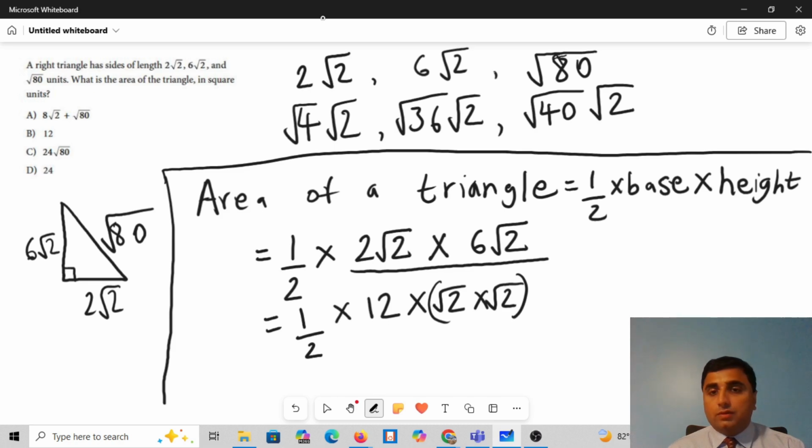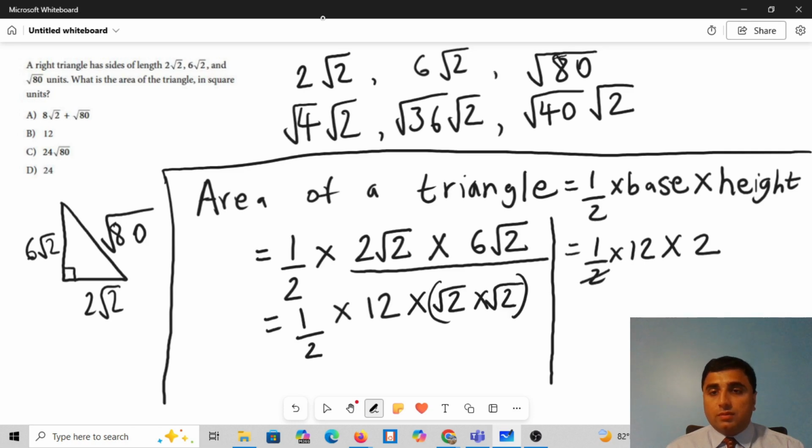I'll continue over here. That is going to be equal to half times 12 times square root of 2 times square root of 2, which is equal to 2 itself. Now the 2's are going to cancel each other out.